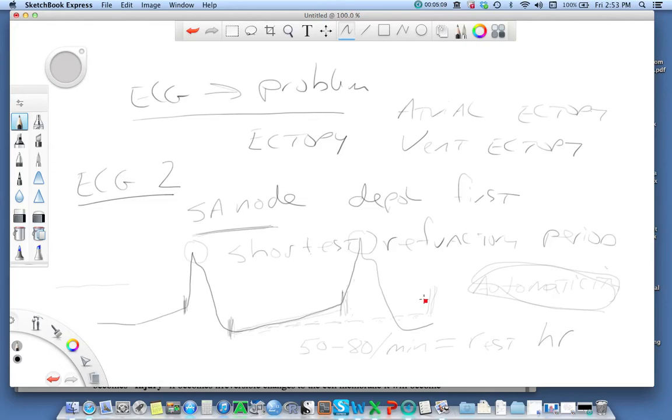Common things that will cause cardiac cells to have an early depolarization, earlier than what the SA node wants, are caffeine. Stress hormones, catecholamines, can do it. Pathological things would include cardiac ischemia.